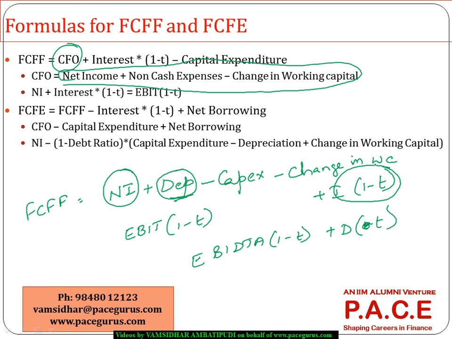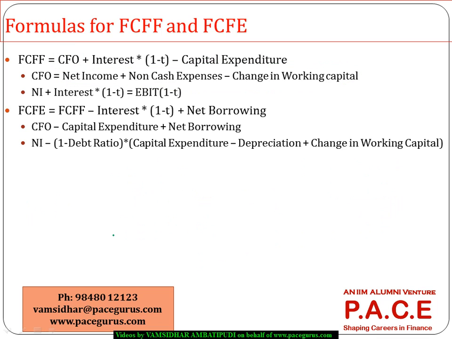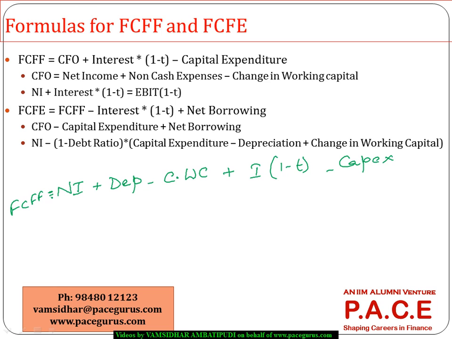From there I subtract the capital expenditure and the changes in the working capital to arrive at FCFF. So if I am able to identify the FCFF at this level, net income plus depreciation minus changes in the working capital plus interest into 1 minus T minus capital expenditure, at this layer, if I am able to remember FCFF, I can play all kinds of combinations.